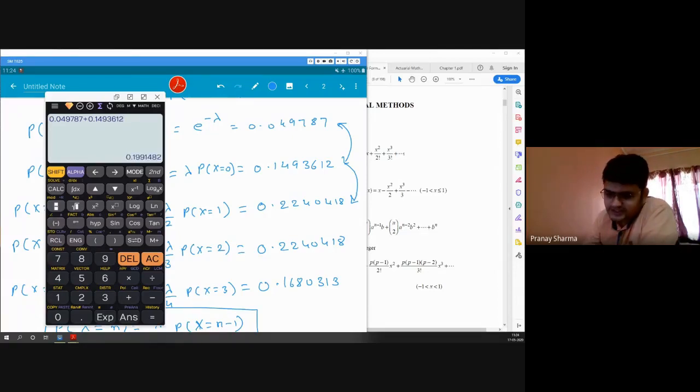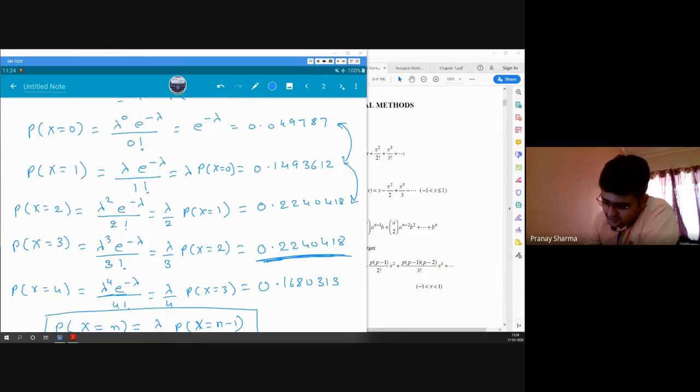So this becomes less than equal to 1, and plus 0.22400418. This is our less than equal to 3, and if I add less than equal to 2 and this, it will become less than equal to 3, and clearly it will pass our 0.5 mark. So that means 0.5 is coming at x is equals to 3. Therefore our median becomes x is equals to 3.